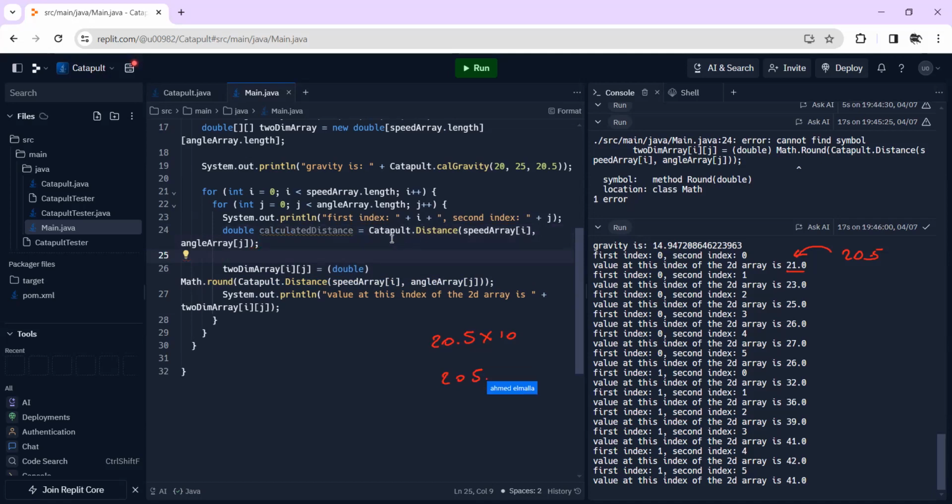And then when we round it and divide by 10 again, it's 20.5 exactly. Am I right? Okay, good.